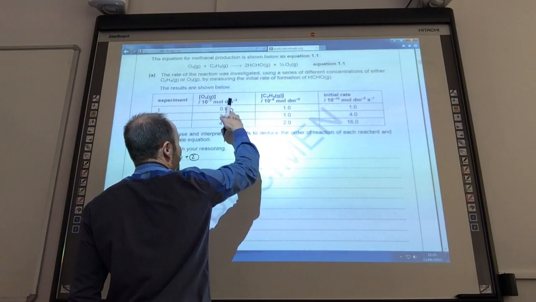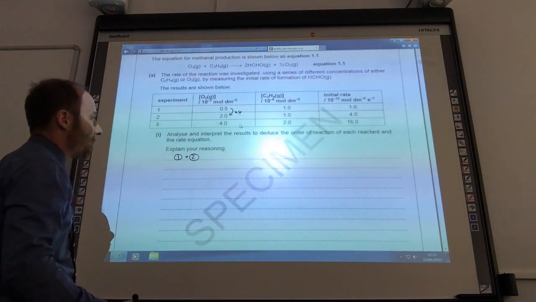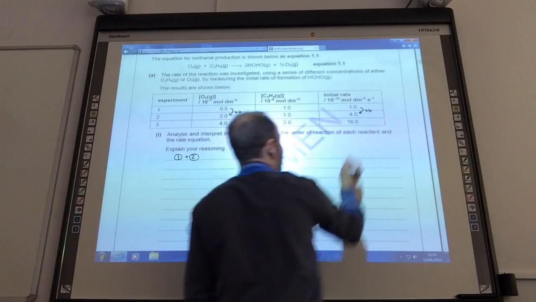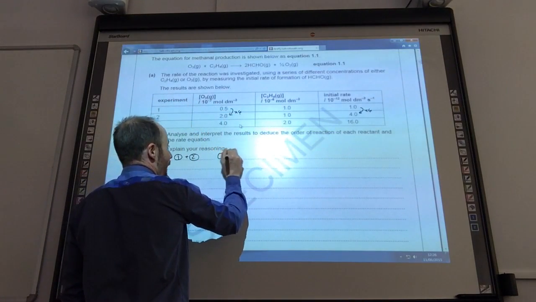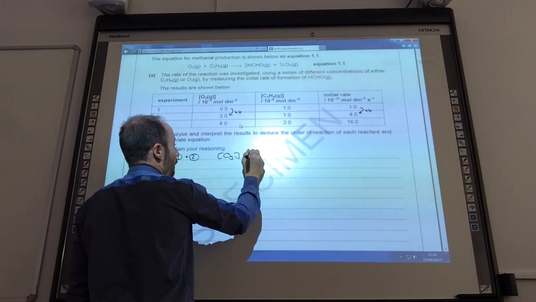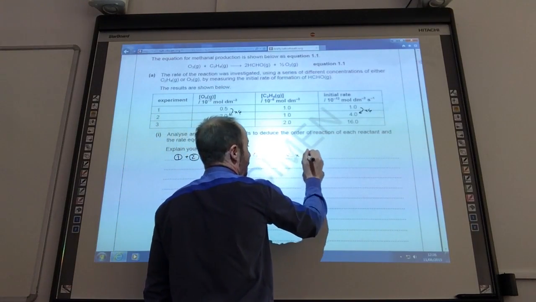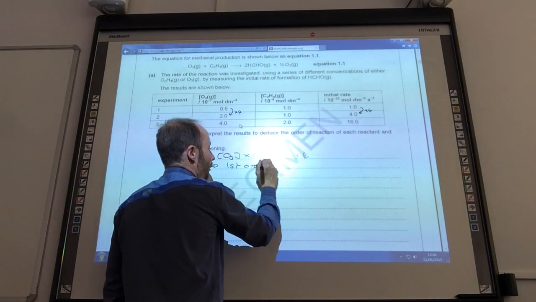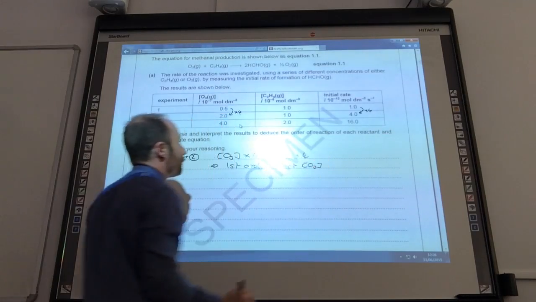However, if I go from 0.5 to 2, I'm timesing the concentration of ozone by 4, and I'm also timesing the rate by 4. So from experiments 1 and 2, if the concentration of ozone is times by 4, the rate is also times by 4, and therefore it is first order with respect to ozone.